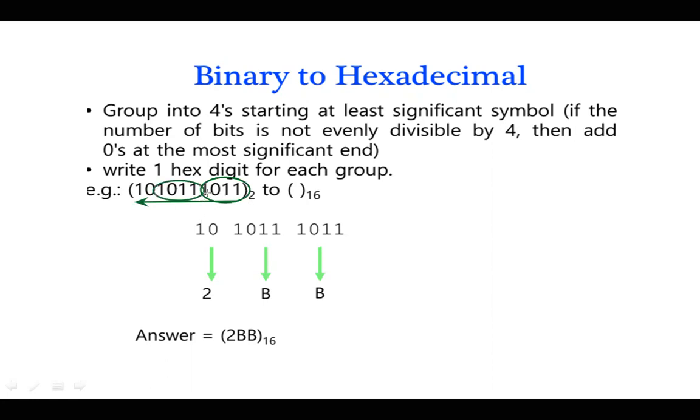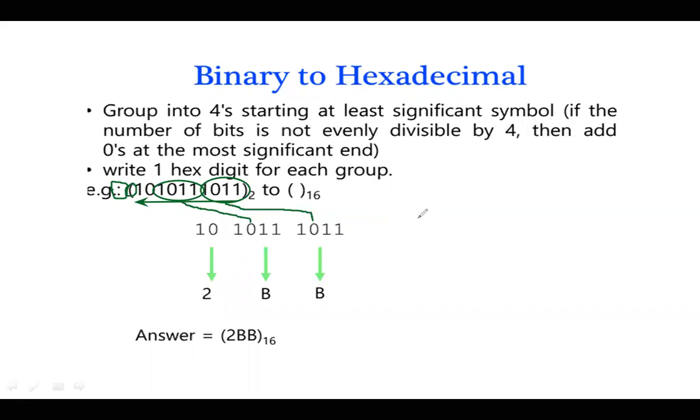Now what is the equivalent for 1011? The equivalent for 1011 is this value. And here I don't have anything, which means that it is 0 and 0, so it is 0010. So this is equal to B, this is equal to B, this is equal to 2.